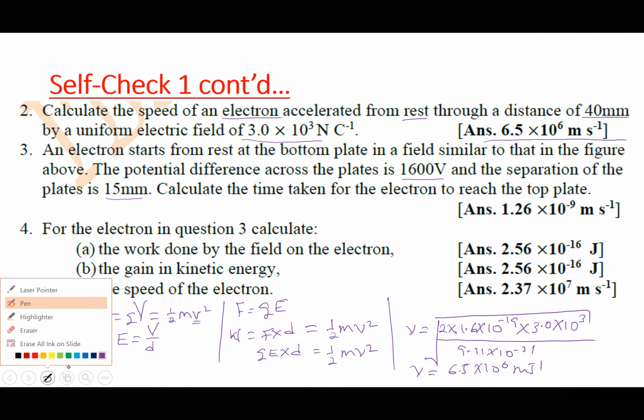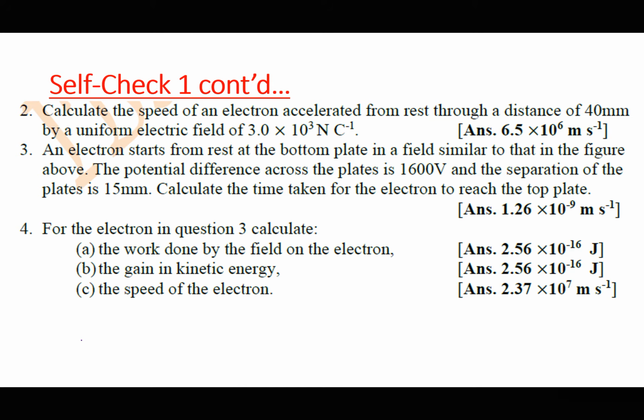So let me rub off this, and I use the same space to give people a glimpse into this. One, we have V and we have D. We know that it is an electron starting from rest, initial velocity is 0. So you can check the equations of motion. But what is very important is to have the acceleration.